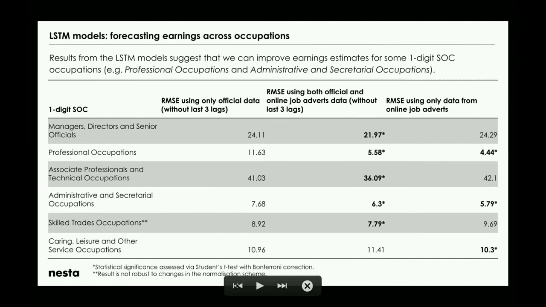And this is also with dropping some of the past months, let's say 3 months of information from the LFS, which we wouldn't have available if we were to send this into more of a production stage in which we want to do it month by month, past the testing phase. So this tells us that there is information in the online job adverts data that can help us predict earnings from official data.